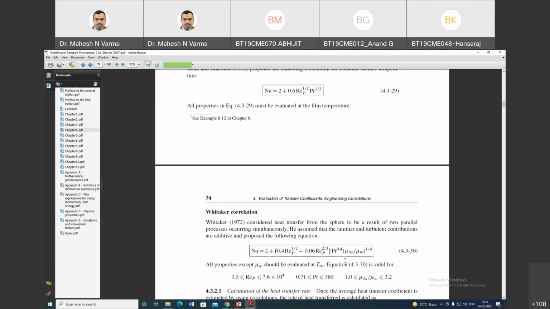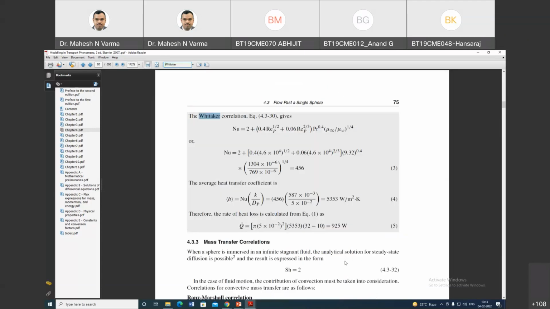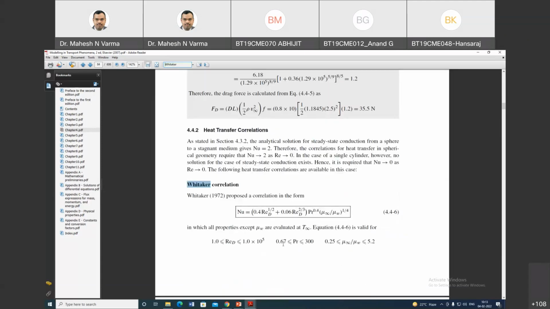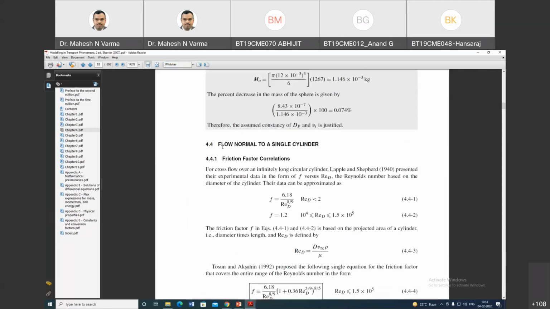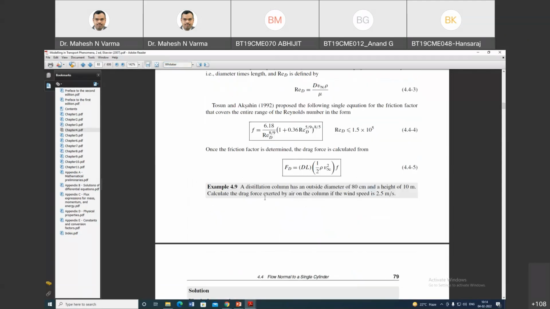Now let us see whether we have a similar Whitaker correlation. So this is Whitaker. You can see this is actually a Whitaker correlation, and this is for flow normal to a single cylinder.